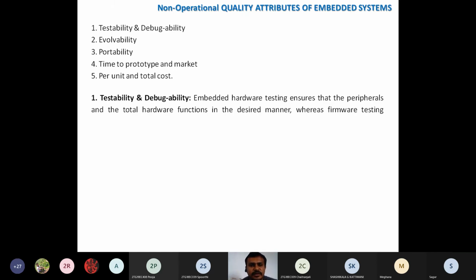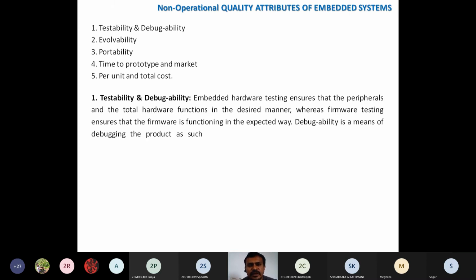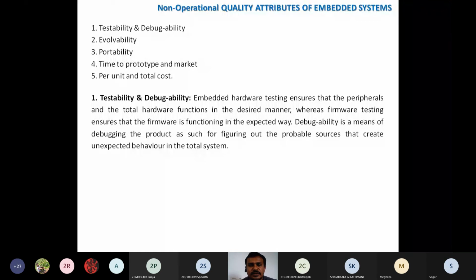So what is this testability and debuggability? Embedded hardware testing ensures that peripherals and the total hardware function in the desired manner, whereas the firmware testing ensures that the firmware is functioning in the expected way. While testing the embedded system in the off mode, it should support all testing measures.